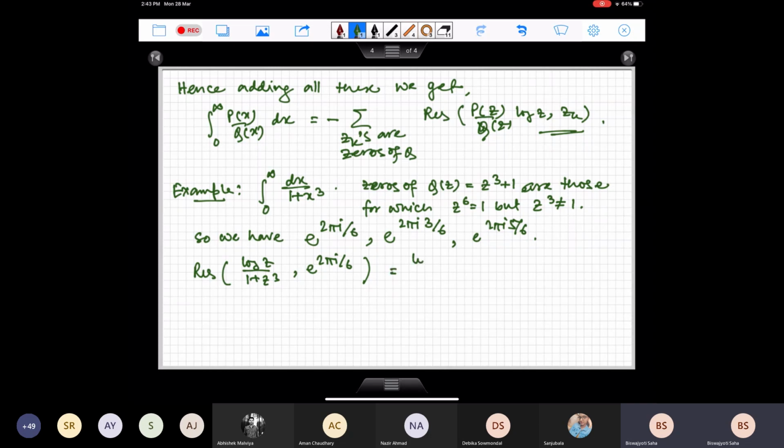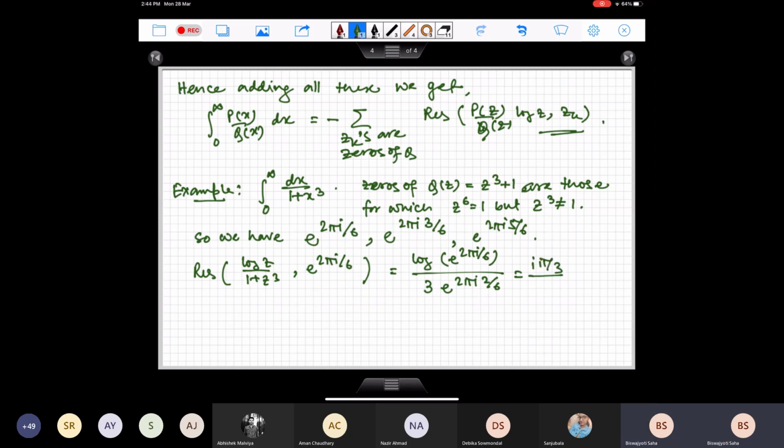So that's log of e to the power 2 pi i by 6 divided by 3z squared, so 3 e to the power 2 pi i into 2 divided by 6. Log of this thing is equal to i pi by 3.